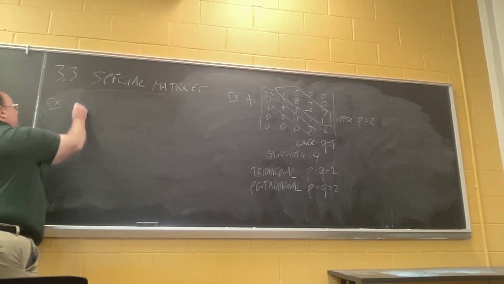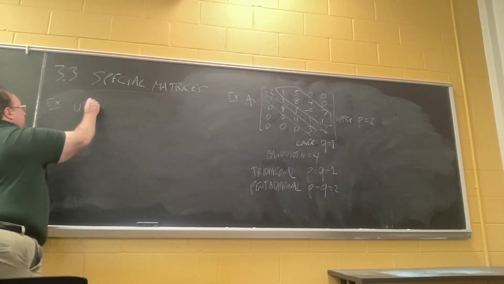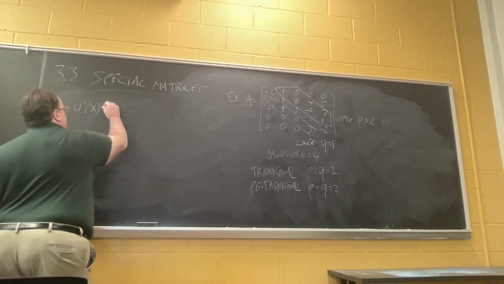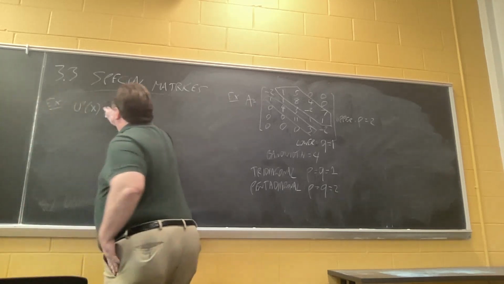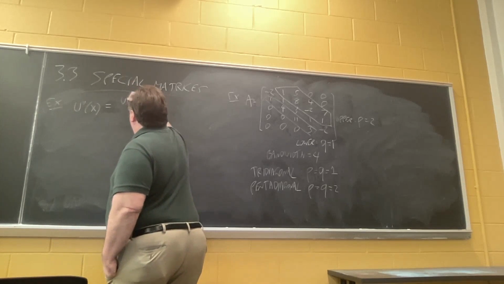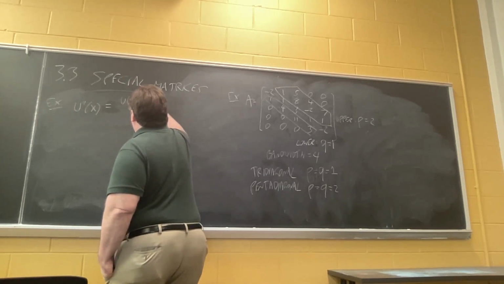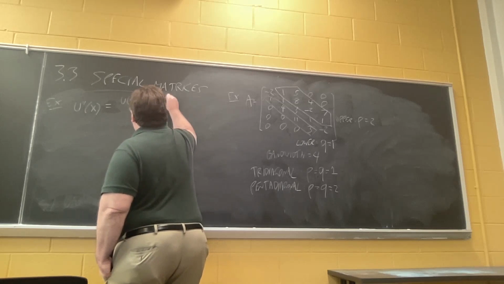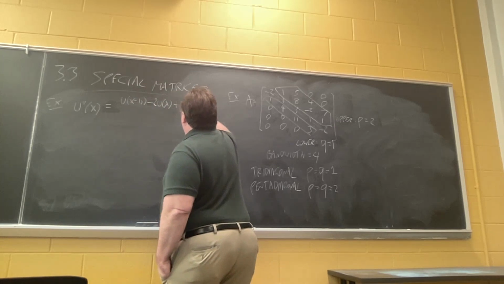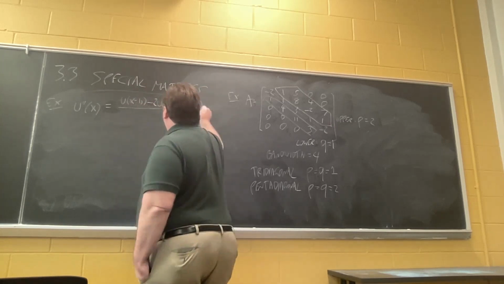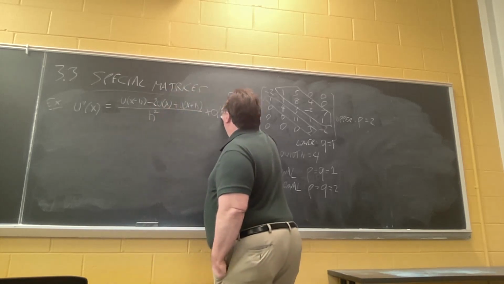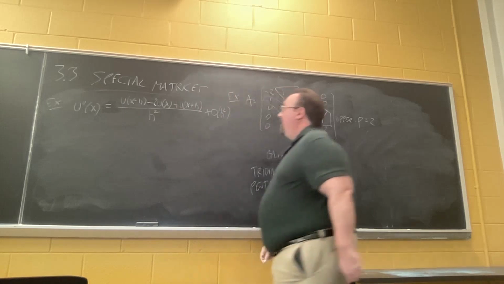So you approximate a second derivative of a function by this finite difference formula. Then there's some error that's on the order of h squared.